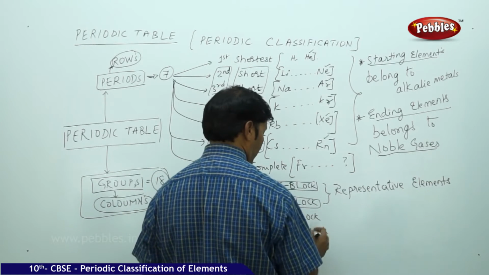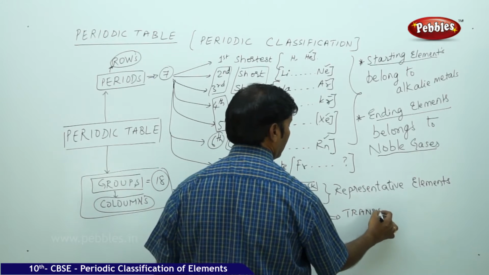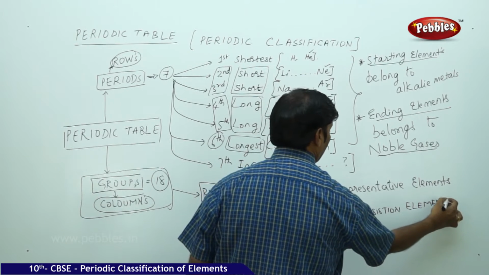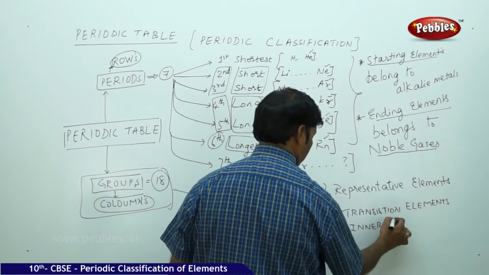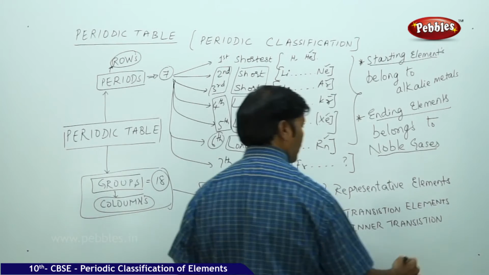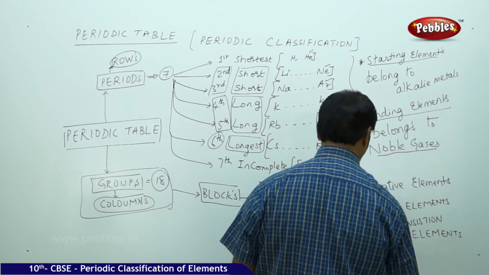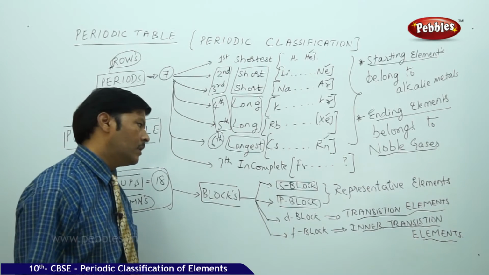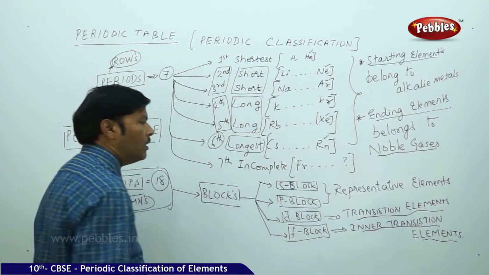D block elements are otherwise called transition elements, and F block elements are called inner transition elements.